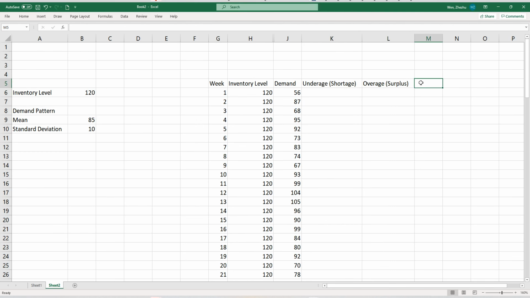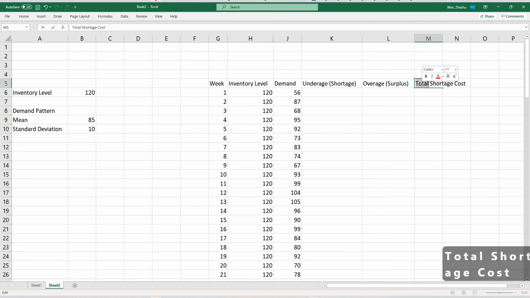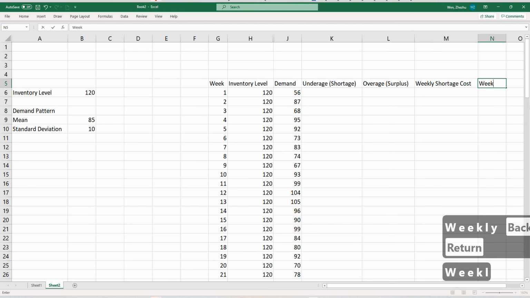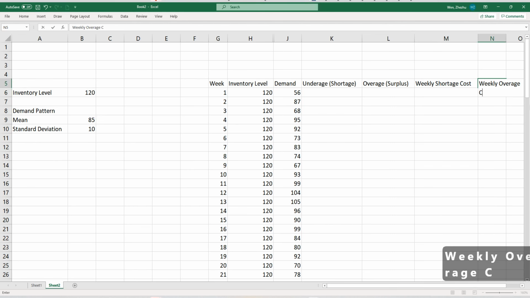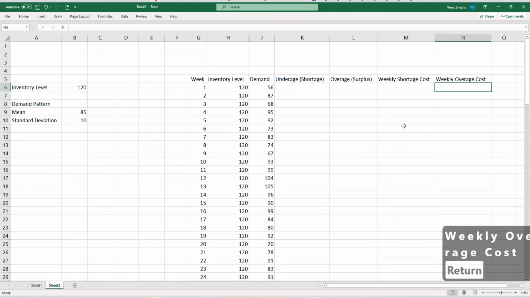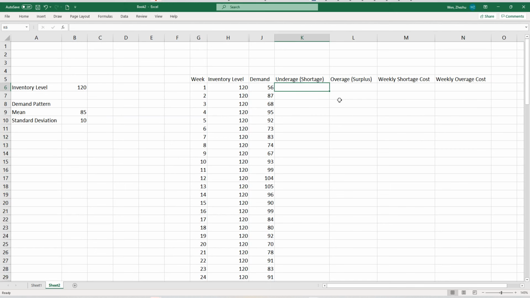And then I'll be able to calculate the total shortage cost. I should say weekly shortage cost. All right, and you'll see the weekly overage cost. Okay, once it is done, I'm going to start to get the underage quantity and overage quantity.